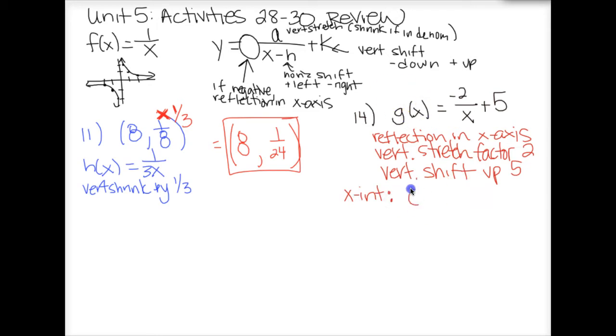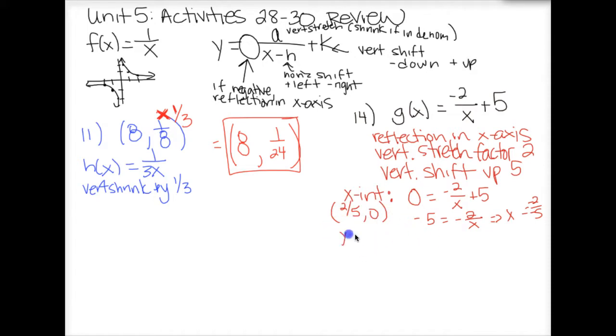So if I do that, 0 equals -2 over x plus 5, and I'm solving for x, so subtract 5. Remember that when your x is in the denominator, you can do a little switcheroo with what's on the left side. So that means I've got x equals -2 over -5, which would be 2/5. So that's how I got an x-intercept at 2/5. (2/5, 0) is its ordered pair.